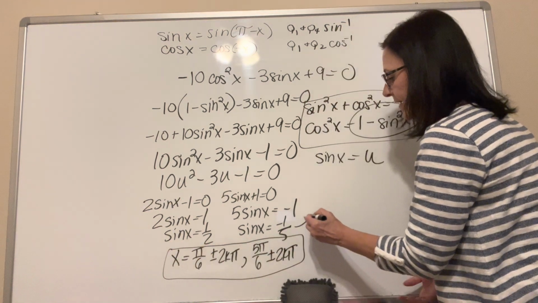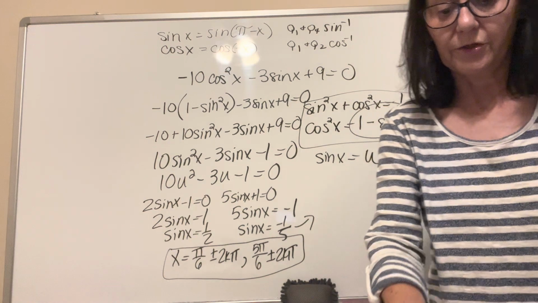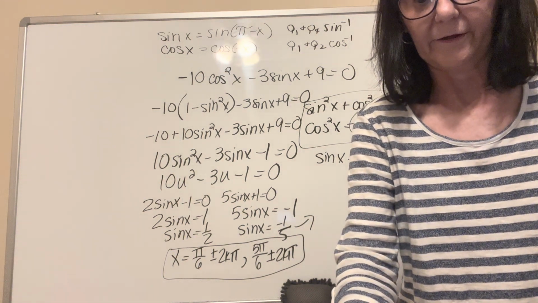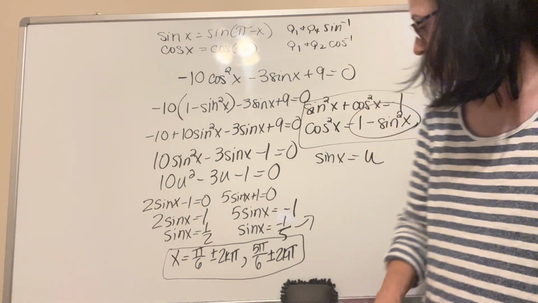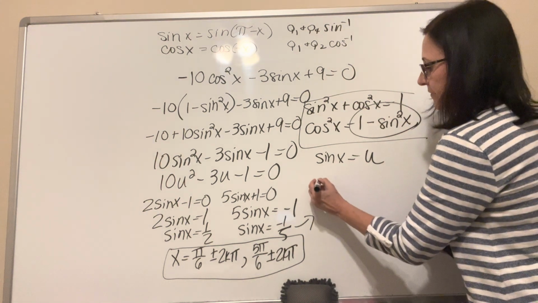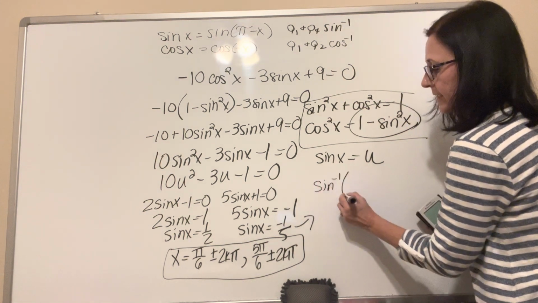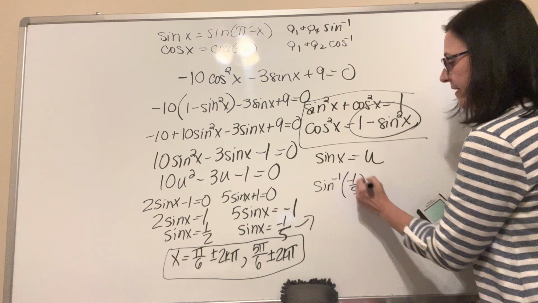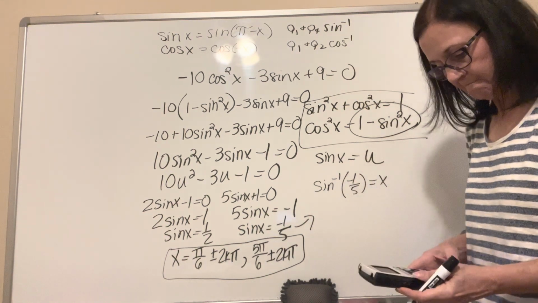For the second factor, I must use my calculator. All right, so I'll do inverse sine of negative 1/5 equals x.